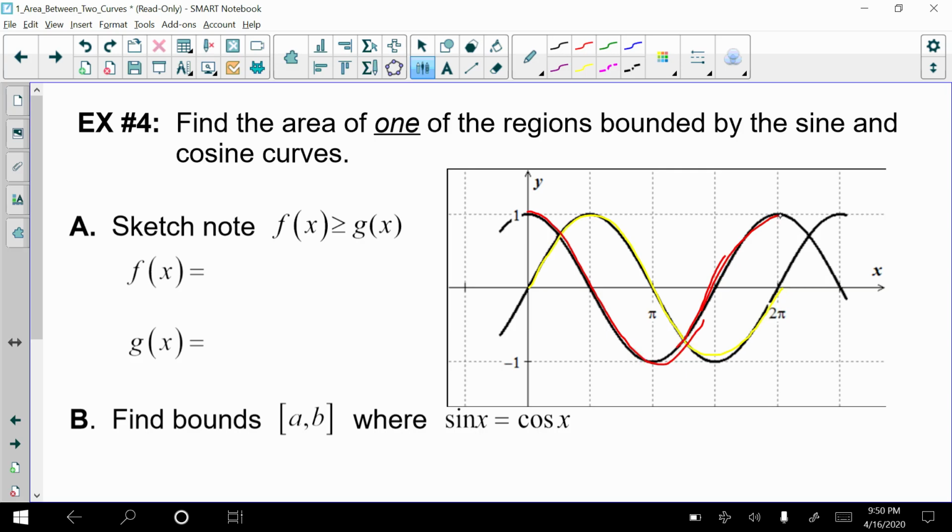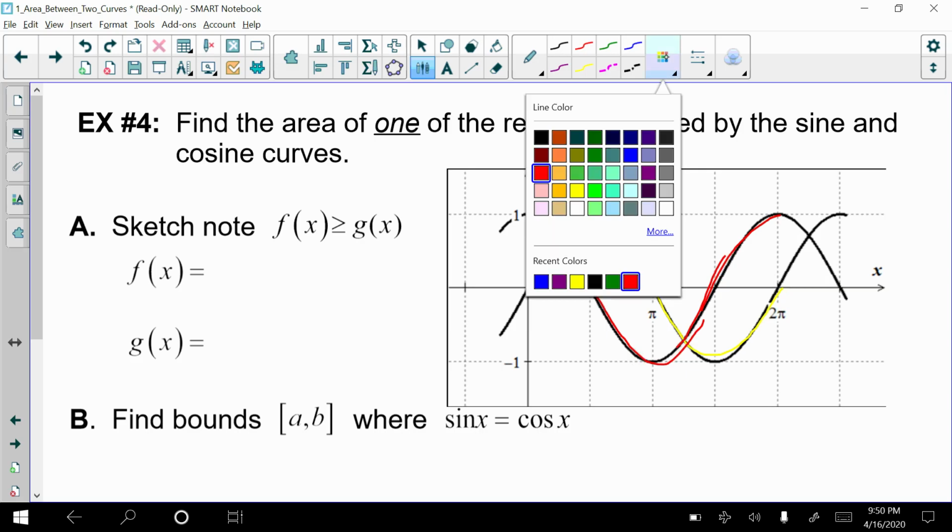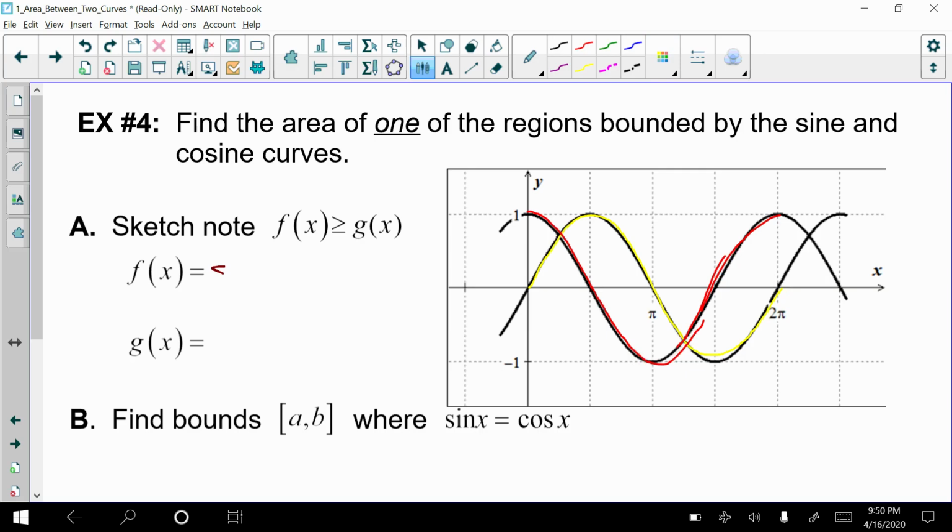There's nothing saying that one has to be the other, but I'm going to say that the f of x function is going to be the sine function. So let's pick another color here. This will be sine of x, and g of x will be cosine of x.